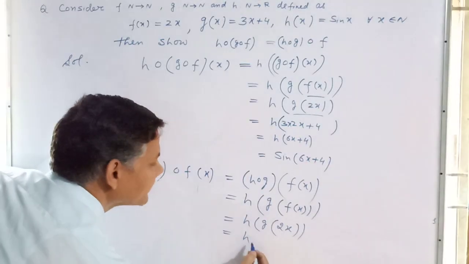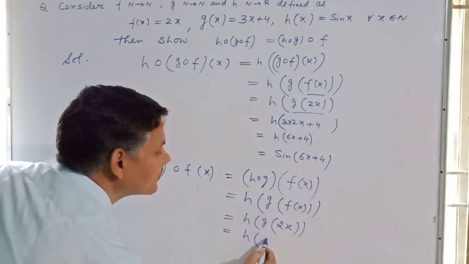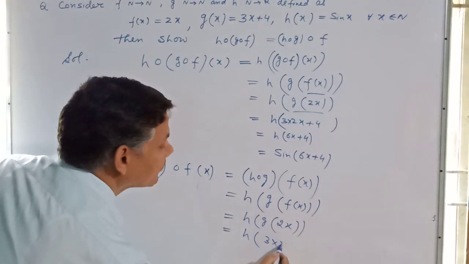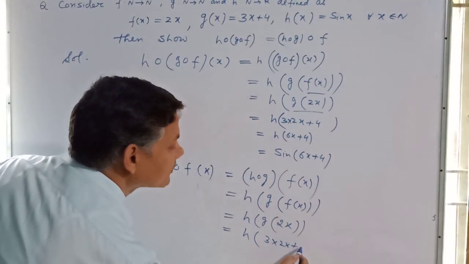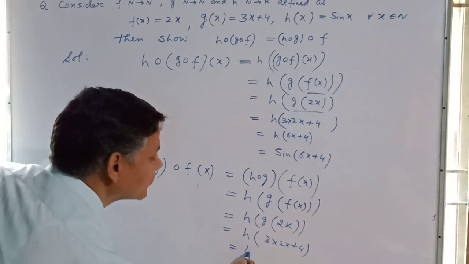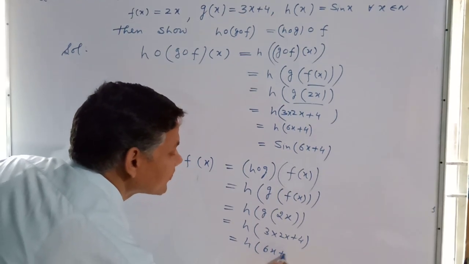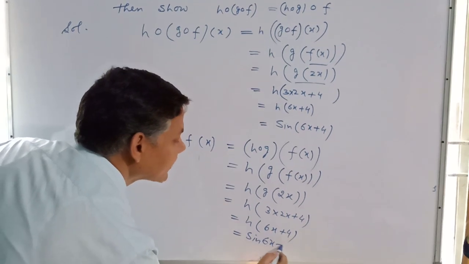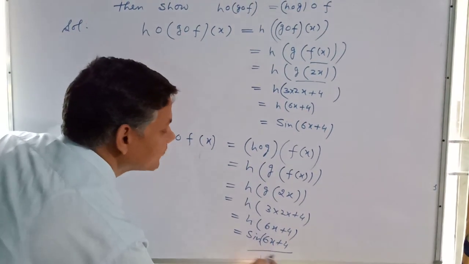Again we get h of g, where g means 3 into 2x plus 4, which equals h of 6x plus 4, and we get sin of 6x plus 4.